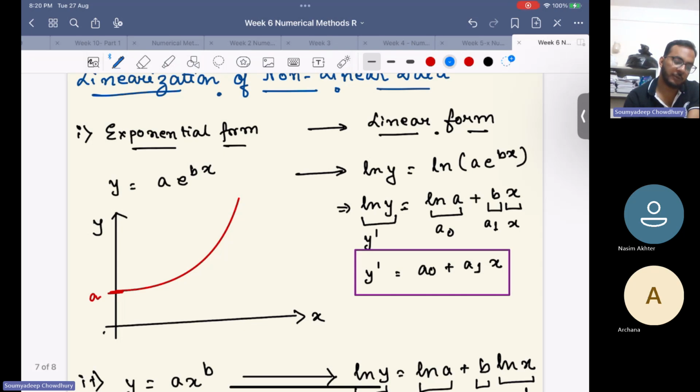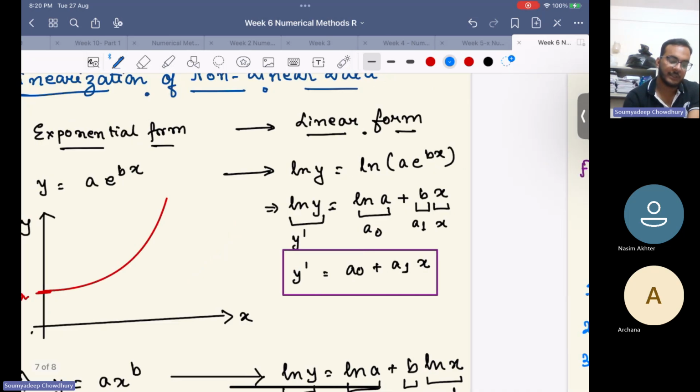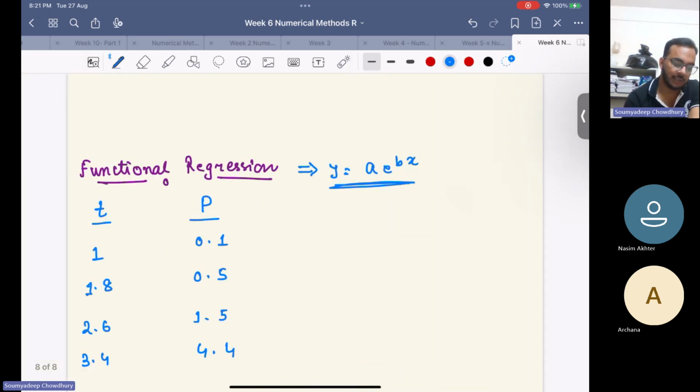So y equal to a to the power bx means if we transform this, y dash will be a naught plus a1x. So y dash is basically ln y. So you will have a linear regression basically.